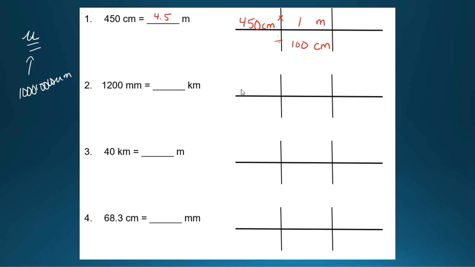All right. Next one, 1,200 millimeters to kilometers. This is going to be a 2-step one. We have to go first to meters, and then from meters to kilometers. So 1,200 millimeters. I always start by writing my units in first that I want to do, because I know I got to cancel millimeters. They have to be diagonal. Then I just fill in my conversion factor. There's 1,000 millimeters in 1 meter. All right.